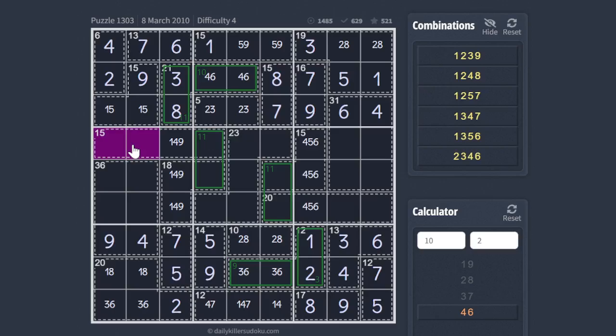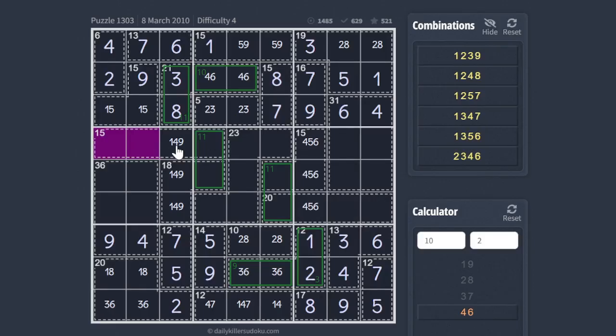Meaning these 2 cells are a pseudo 8 cage. These sum to 8, making this a pseudo 7 cage. So there's a 7 cage in row 4, columns 3 and 4, and there's a pseudo 8 cage in row 4, columns 1 and 2.